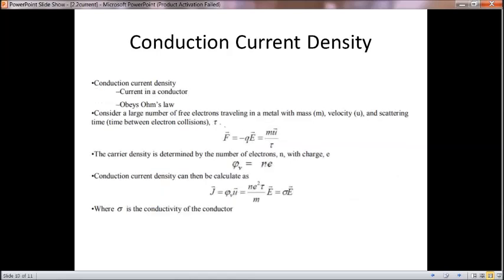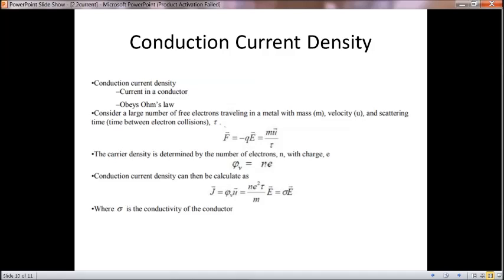Then conduction current density. Conduction current density is the current in a conductor which obeys Ohm's law. Consider a large number of free electrons traveling in a metal with mass m, velocity u, and scattering time tau, because it is having a rotational movement, and so tau has been taken. So the force is given as F is equal to minus e E, because the direction is opposite to that of the applied field, which is equal to m u vector by tau.